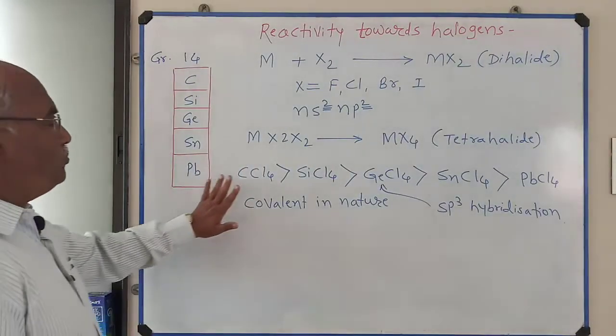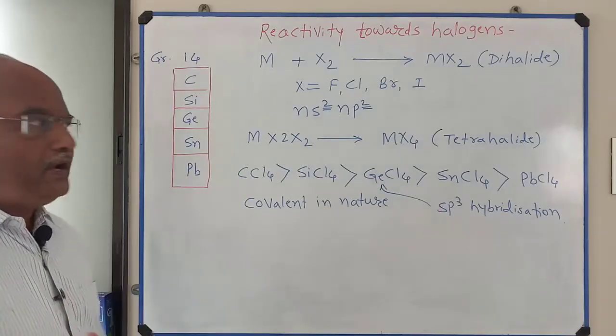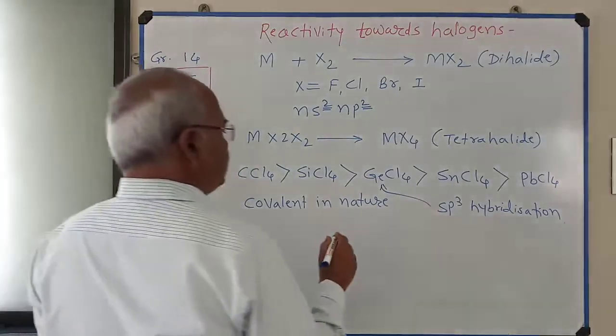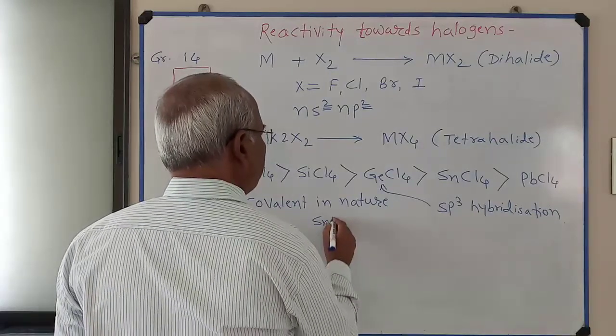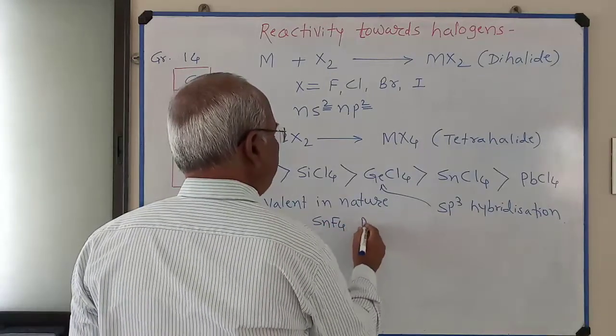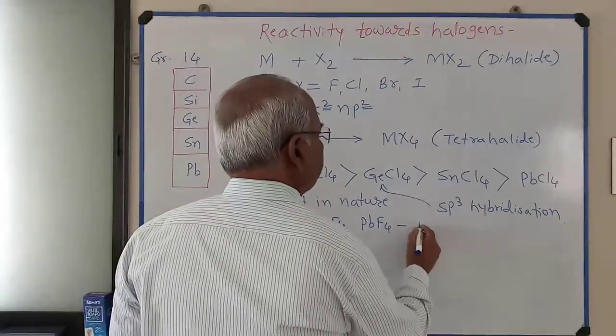So, most of the tetrahalides are covalent. Remember, SnF4 and PbF4 are ionic.